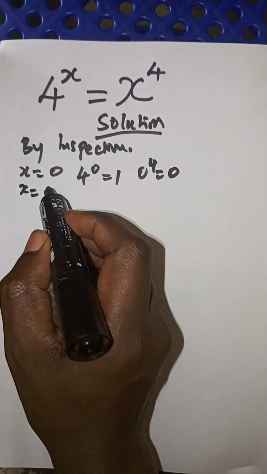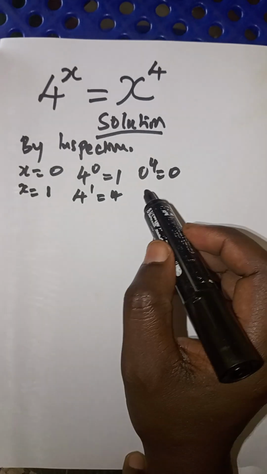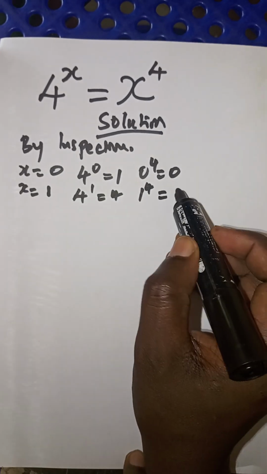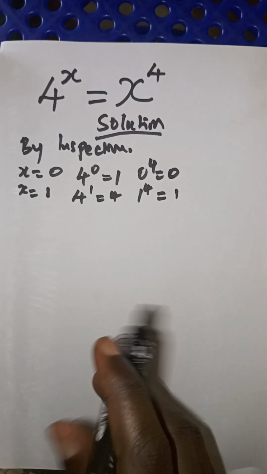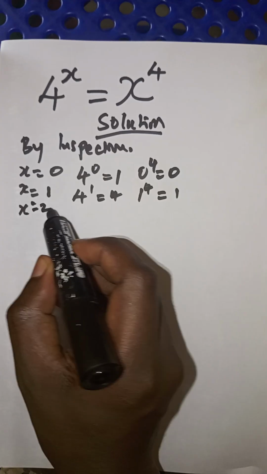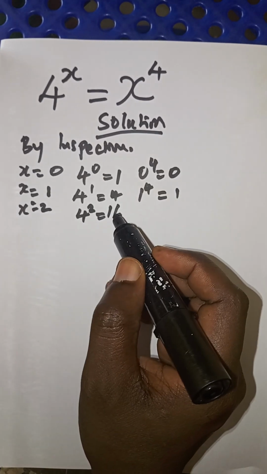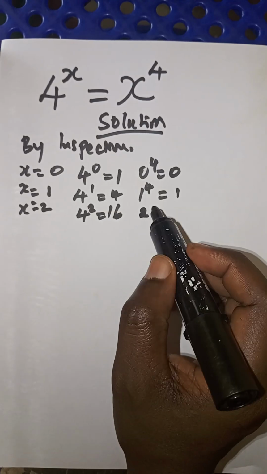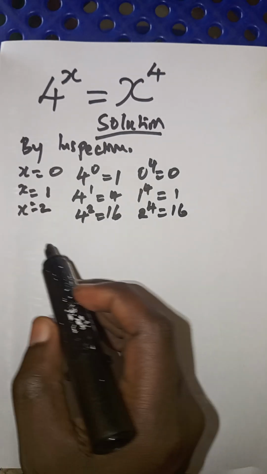So when x is equal to 1, 4 raised to power 1 is equal to 4. And 1 raised to power 4, of course, is 1. I'm going to go ahead. When x is equal to 2, I know that 4 raised to 2 is equal to 16, and 2 raised to power 4 is also giving us 16.